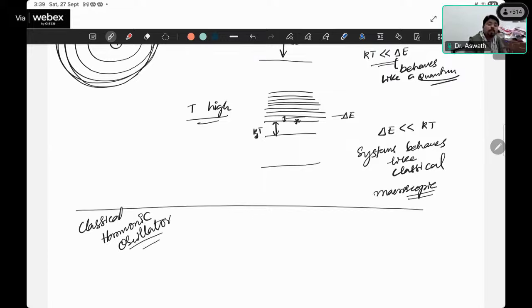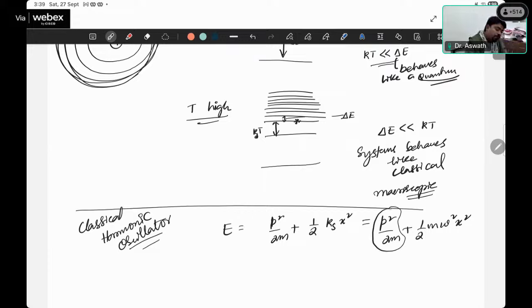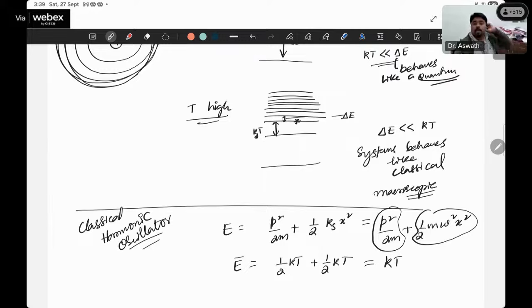For a spring mass system, the overall energy is p squared by 2m plus half spring constant times x squared, or you can say p squared by 2m plus half m omega squared x squared. There is a quadratic term on the left and a quadratic term on the right, two terms. So what would the overall mean energy be? Half kT plus half kT, which is simply kT.